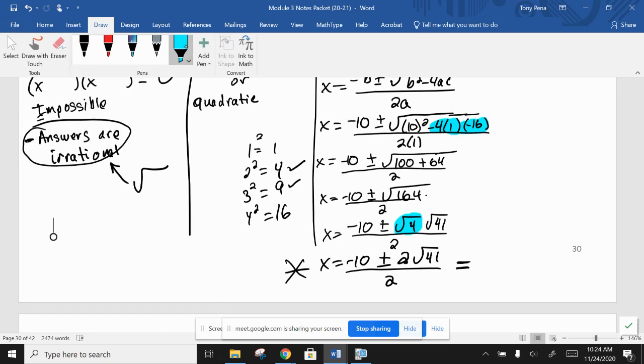And this does reduce, because if we look at this number, all the non-radical terms, all 3 parts can be reduced by a 2. So because of that, we would want to reduce all of them by 2. The negative 10 divided by 2 turns this into a negative 5.